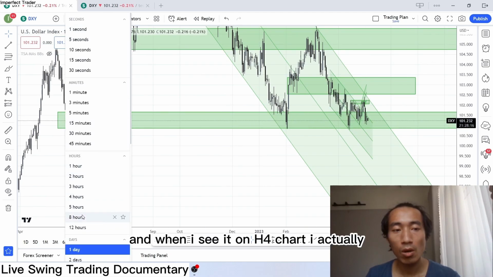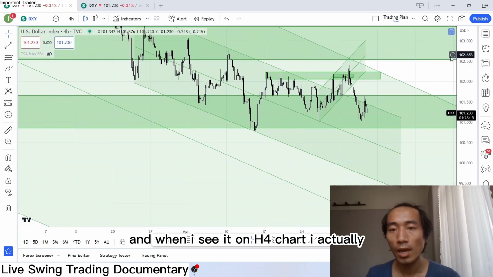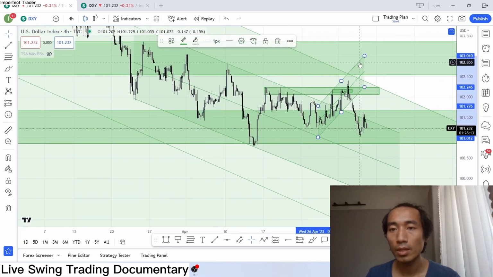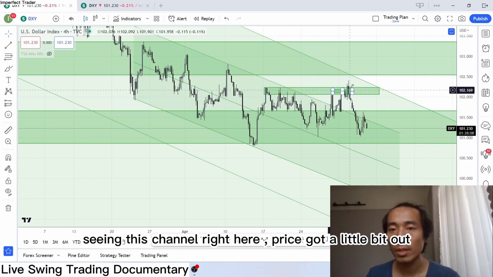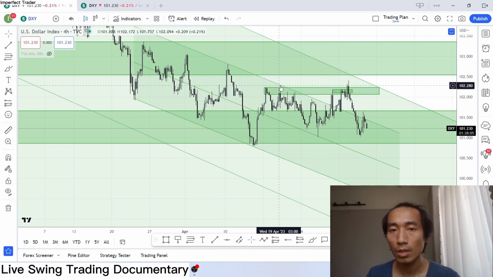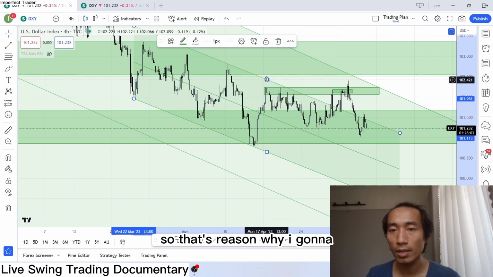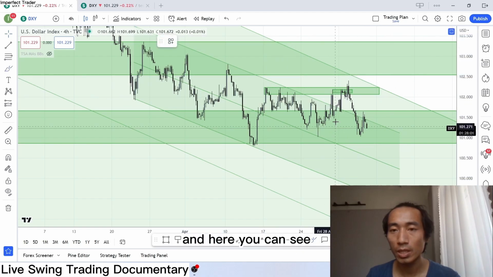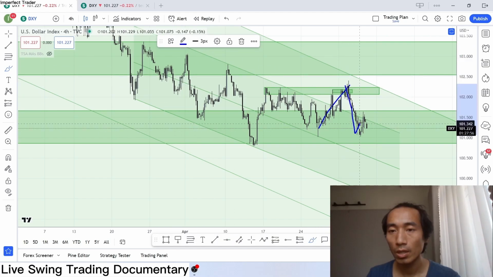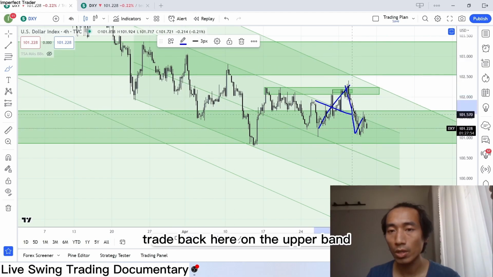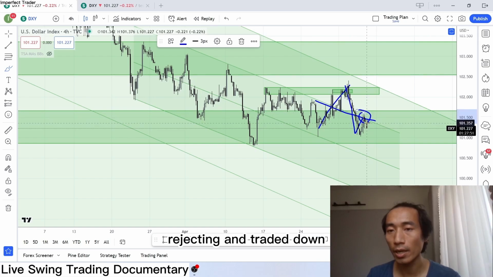And when I see it on the 4-hour chart, I actually see this channel right here. Price got a little bit out, so that's the reason why I got in. And here you can see price traded out of the channel, and then it traded back into the channel, back here on the upper band, rejecting, and I trade down.